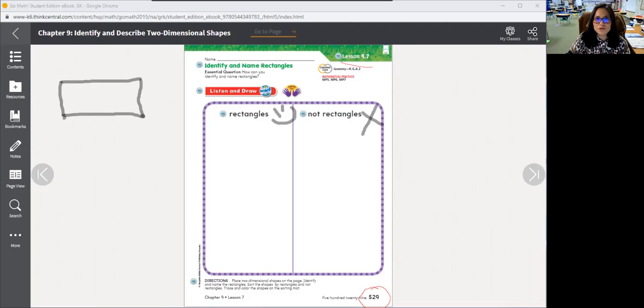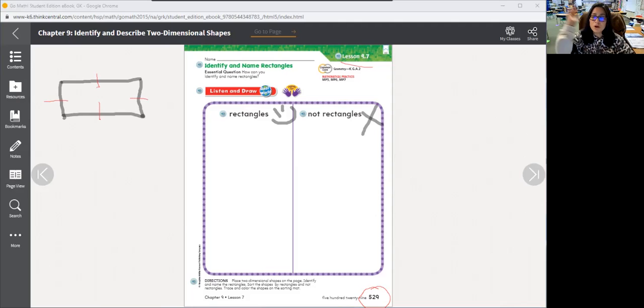Okay, so those are my 4 sides. And remember, when we are looking at our sides, we always draw little lines on each line, okay? So that tells us that there is a side there. Okay, so there's 1, 2, 3, 4 sides in a rectangle, okay?